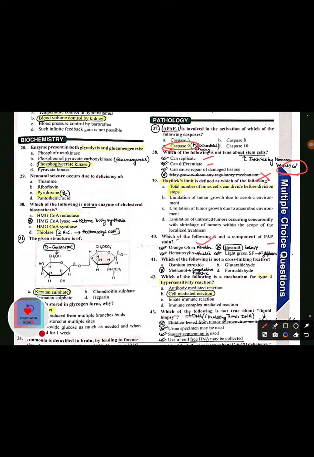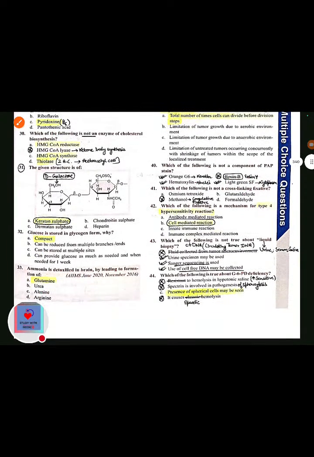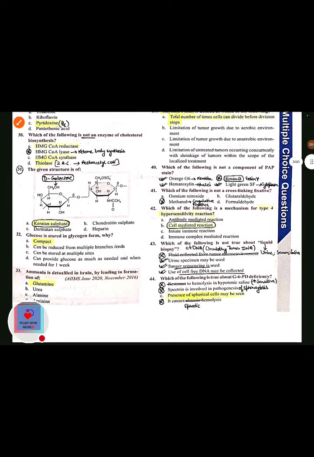It has orange G6, hematoxylin, eosin, and it lacks light green. Which of the following is not a cross-linking fixative? It is methanol, because it is not a cross-linking fixative.